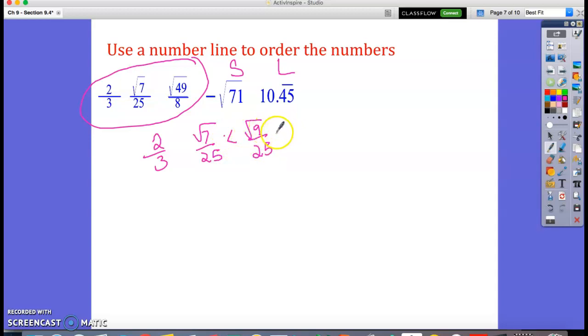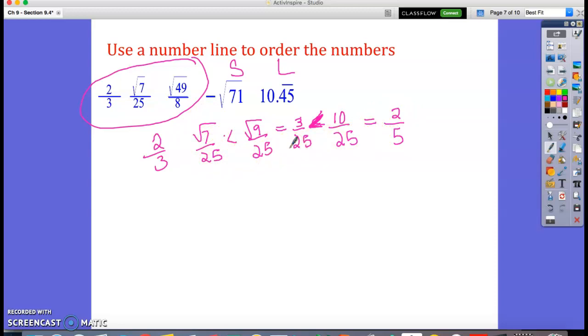And 9/25 is the same as 3/5. And we know that 3/25 is less than 10/25, right? And what is 10/25? 2/5, right? So 7/25 is less than 2/5.